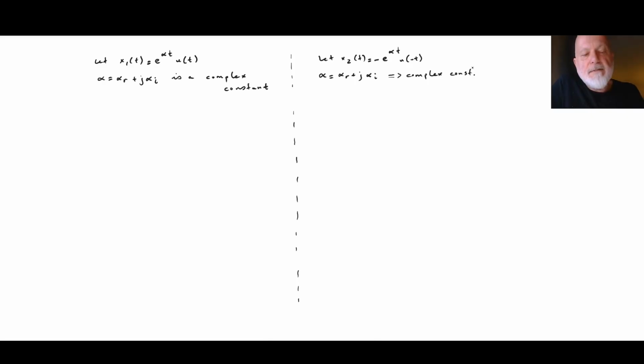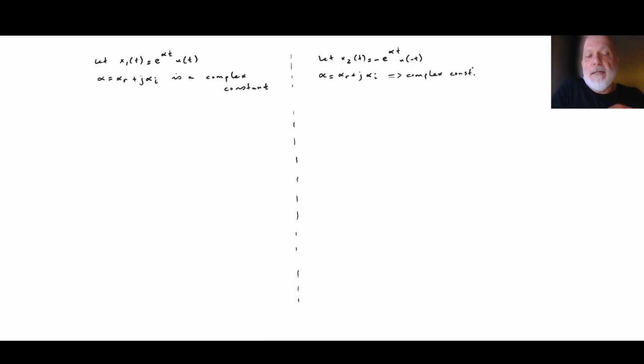In these signals, alpha is chosen to be the same complex constant. The alphas are equal. That's why we show them in both signals by the same symbol, alpha.